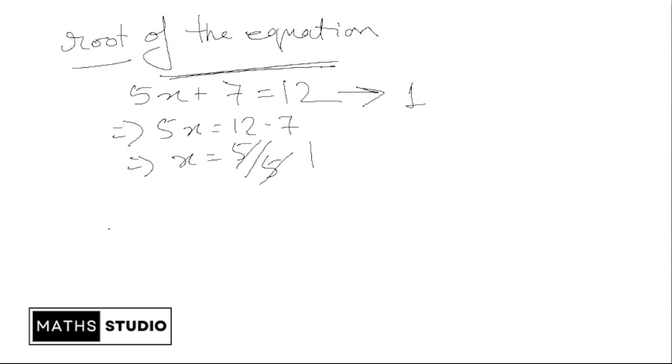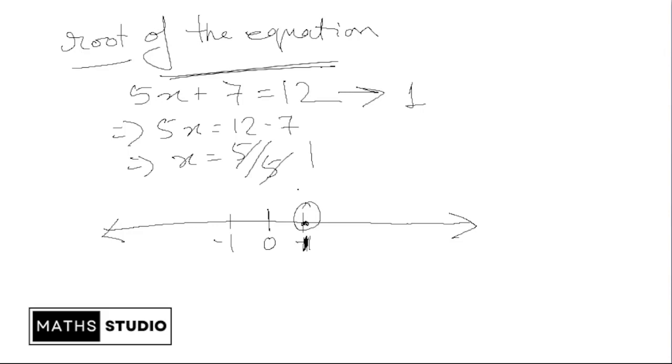And how can we represent this root of the equation? We can represent it on a number line if it is a linear equation in one variable. So this would be the root of the equation, okay.